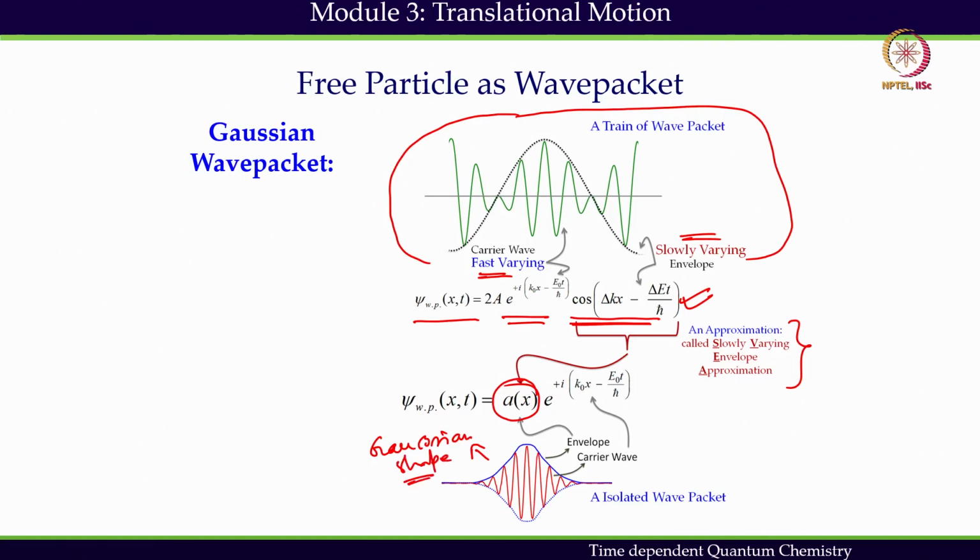Because if I consider a Gaussian, which is represented by a simple equation, e to the power minus a x square, then I can do many analytical integrations without any difficulties. Integration from minus infinity to plus infinity, Gaussian integrals are very well known standard integrals.